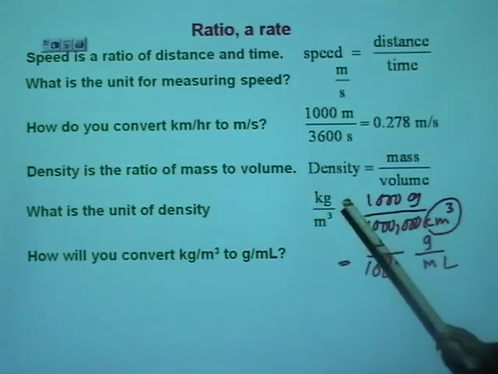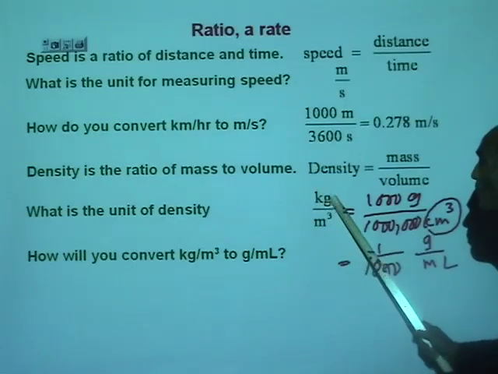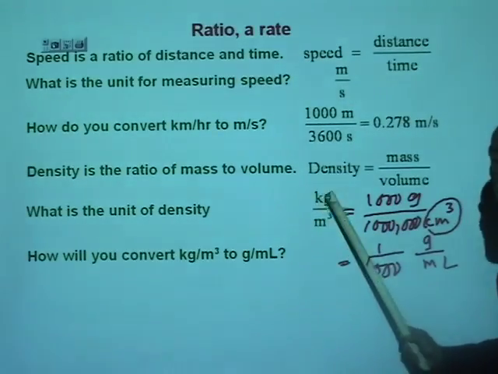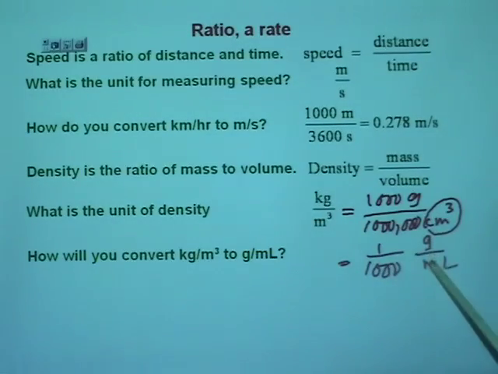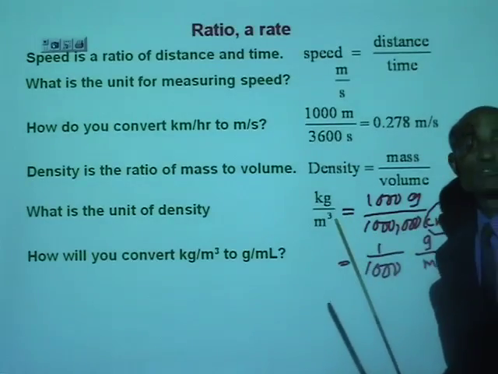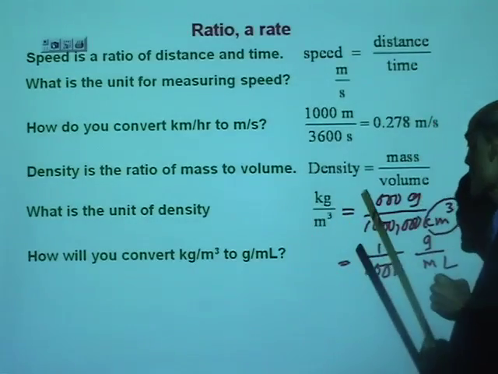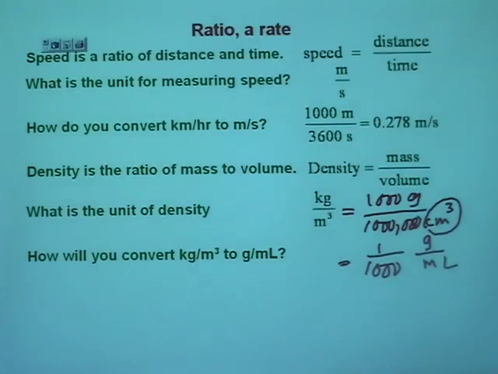So 1 kilogram per meter cube is 1 over 1,000 gram per milliliter. You see, 1 thousandth of a gram per milliliter. Okay, let's move on.